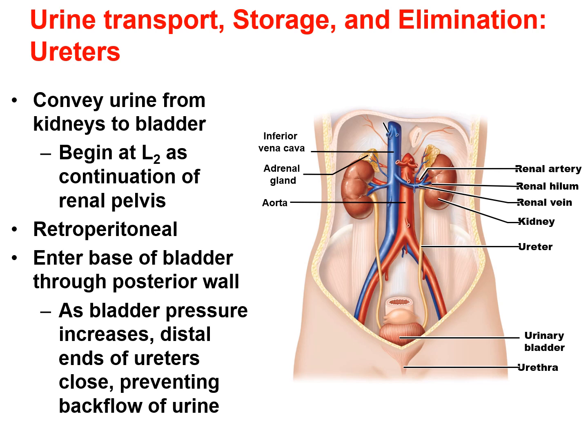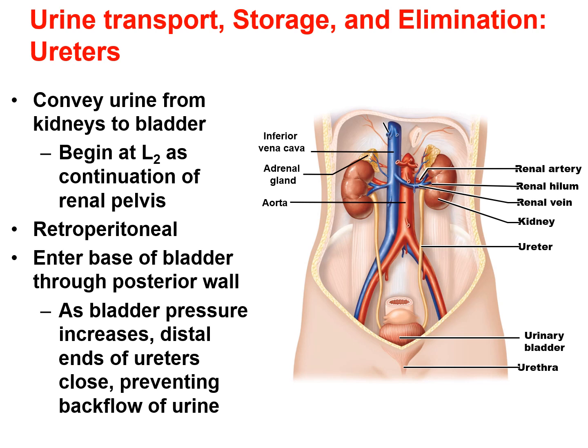But then they actually have to enter into the bladder. How they enter the bladder is they pass through the posterior wall. So they go to the back of the bladder and then enter on the posterior wall of your bladder itself. You have a left and a right ureter, so you would have the ureters entering the posterior wall of the bladder on both the left and the right side.